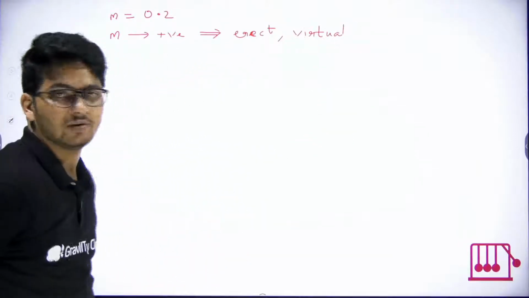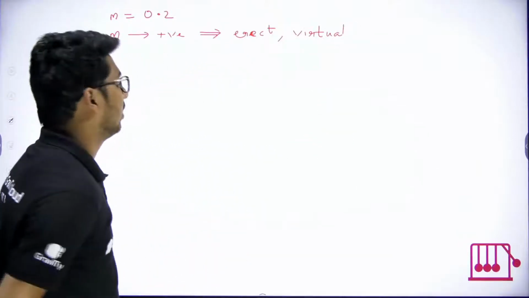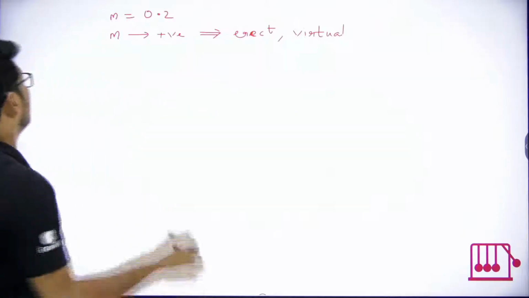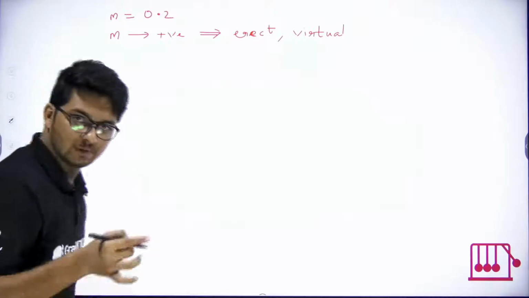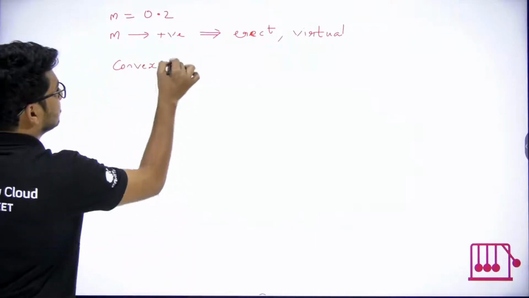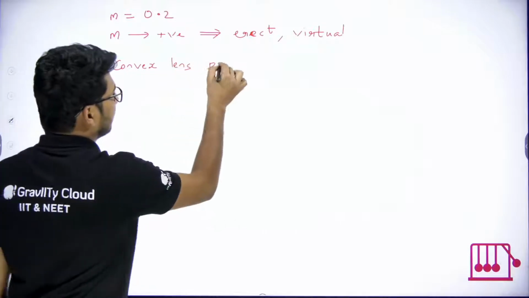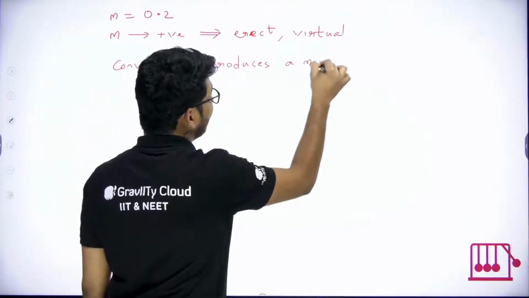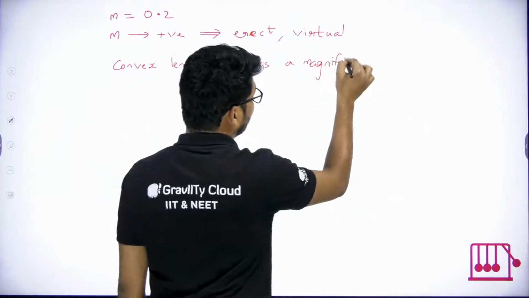So according to the question, the image is virtual, and whenever a convex lens produces a virtual image, it produces a magnified virtual image, not diminished.